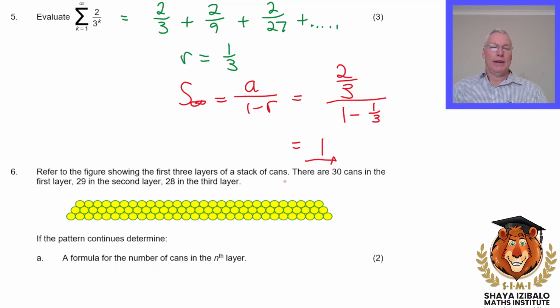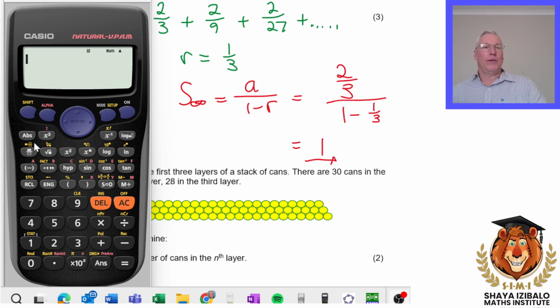We'll just quickly demonstrate that with a calculator. If we add some of these on the calculator, 2/3 plus 2/9, plus 2 over 27. So far, we've got 26 out of 27.